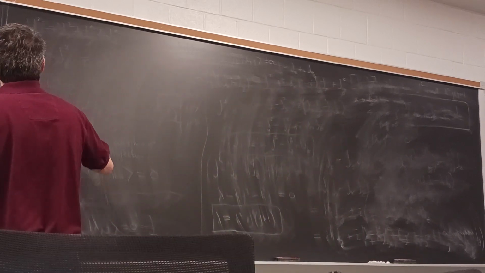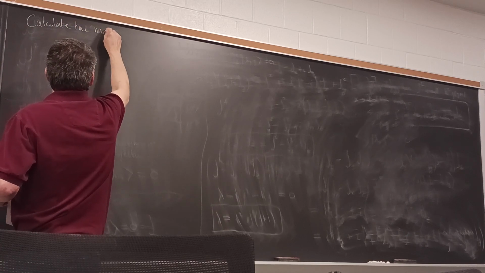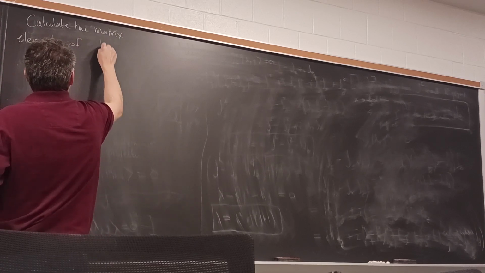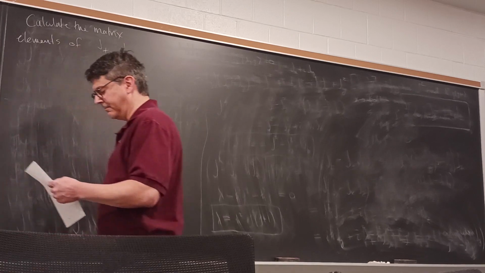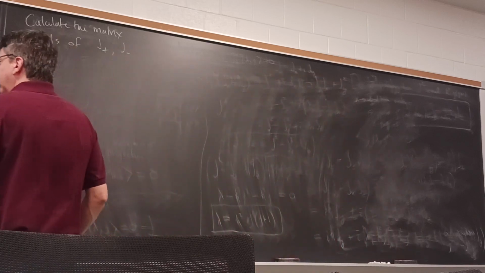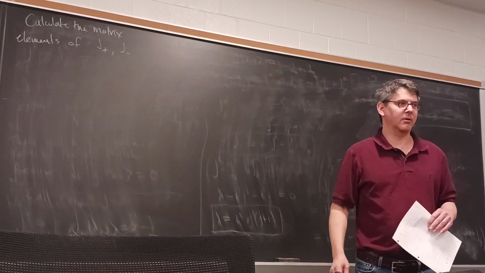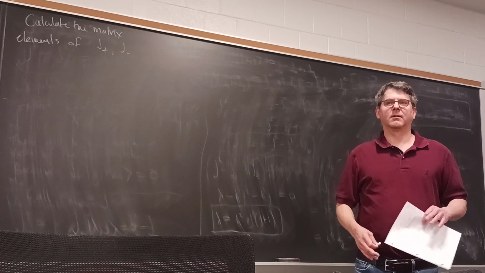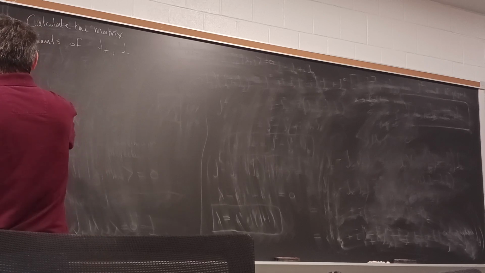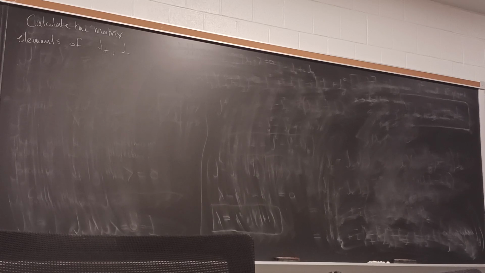Okay, so let's calculate the matrix elements of J plus and J minus. We did this already when we defined what J plus and J minus were. We already had Jx and Jy, although I didn't show you how to calculate those yet, but in any case, we want to do this now in a more general fashion, using our state kets here.